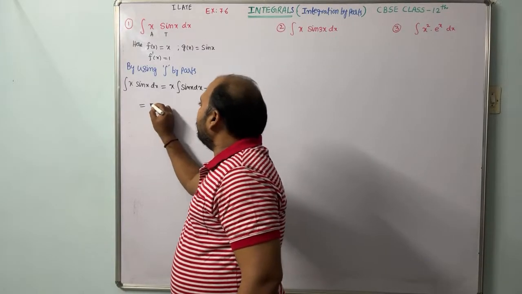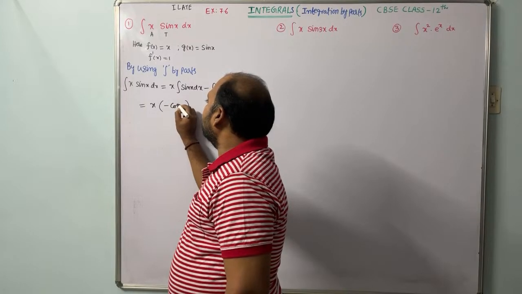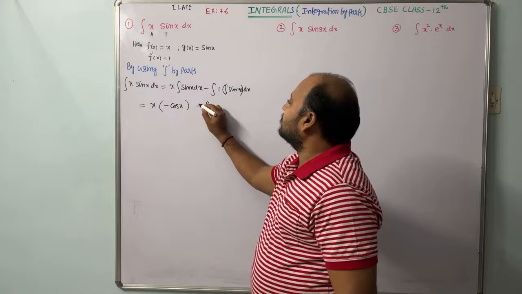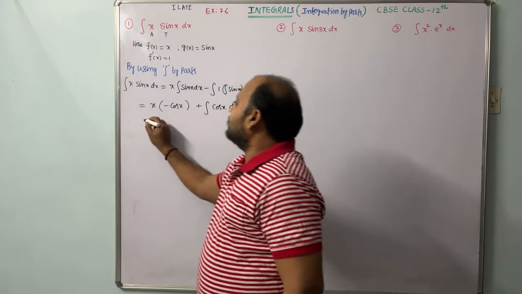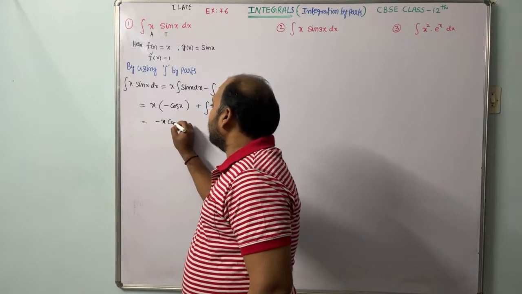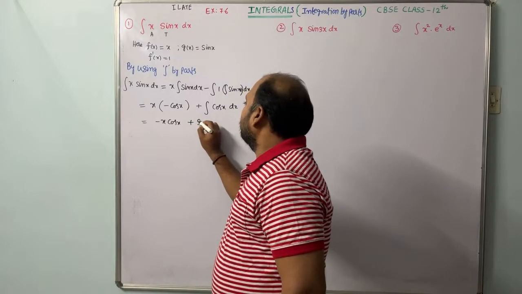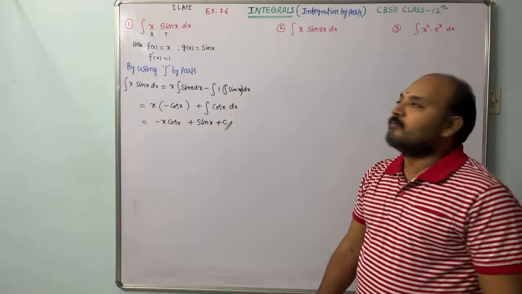Which is equal to x into integral sin x, which is minus cos x, minus integral of minus cos x, it will become plus cos x dx, which is equal to minus x cos x. Integral cos x is what? sin x plus c. So the integration is over.